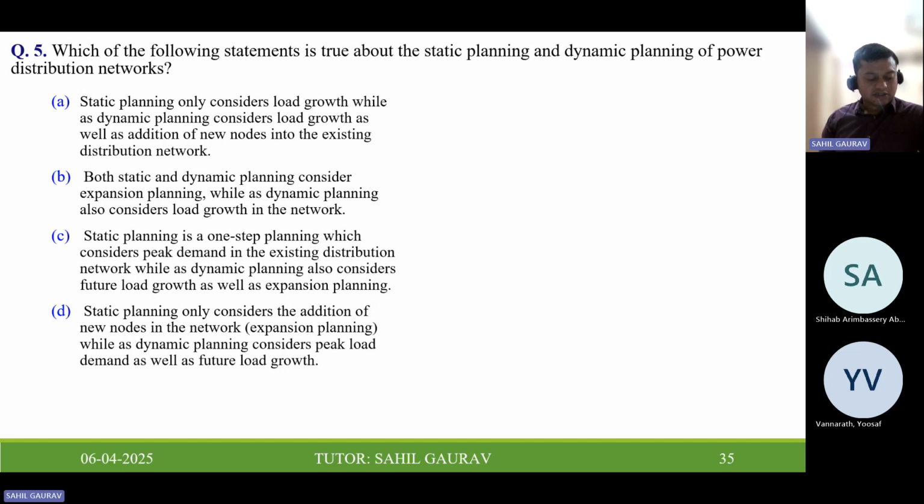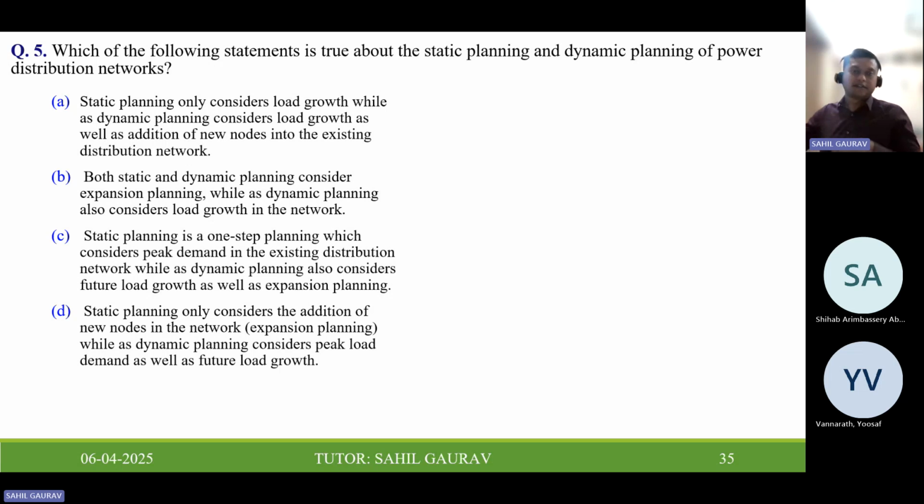D: static planning only considers the addition of new nodes in the network expansion planning, while dynamic planning considers peak load demand as well as future load growth. In C. Yes, very good, sir.